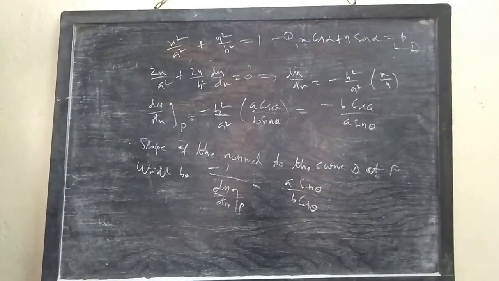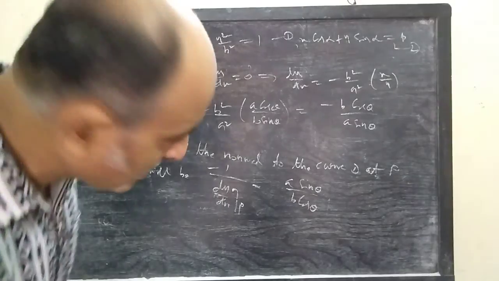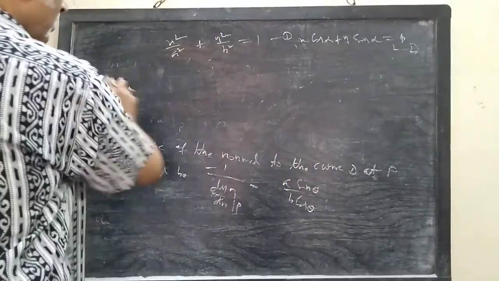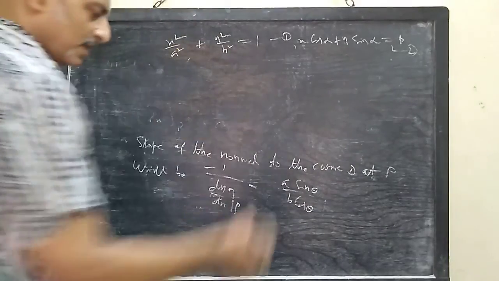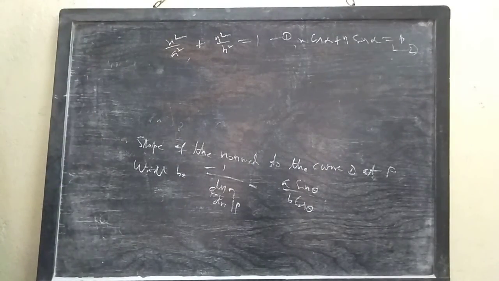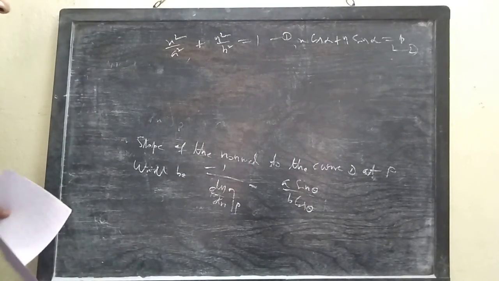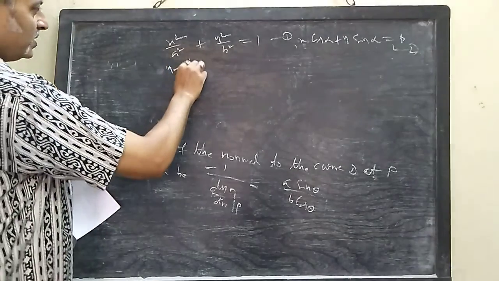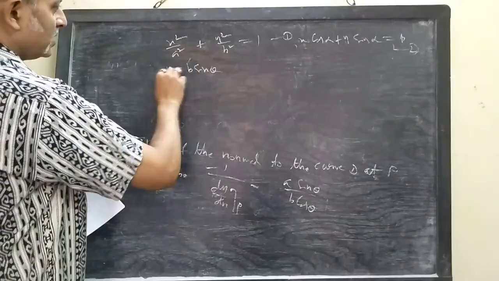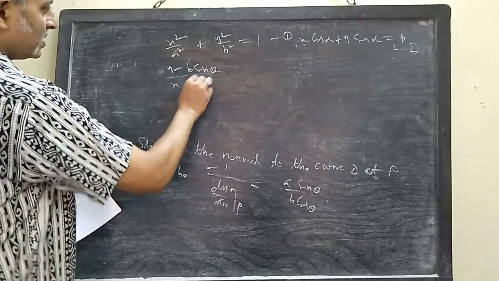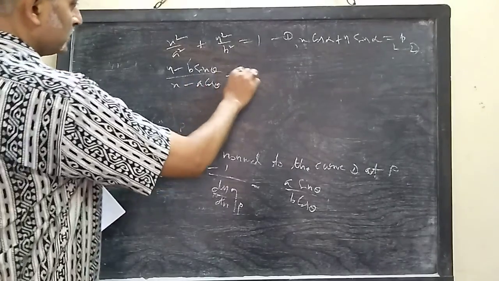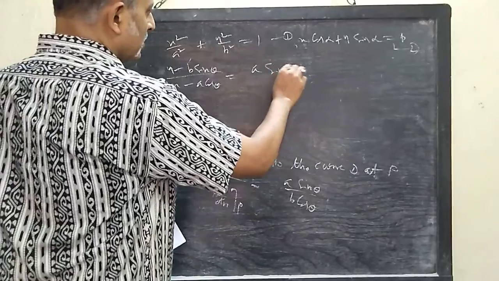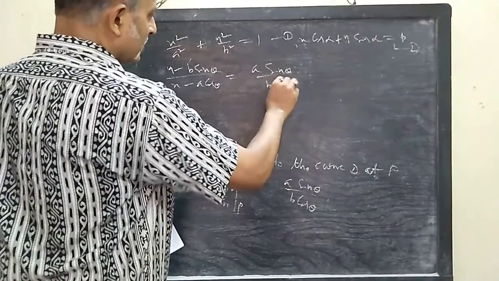This becomes the slope of the normal to the curve at the point P. Now let us write the equation of the normal to the curve at the point P. That will be a cos theta, b sin theta. So y minus b sin theta by x minus a cos theta is equals to this, a sin theta by b cos theta.